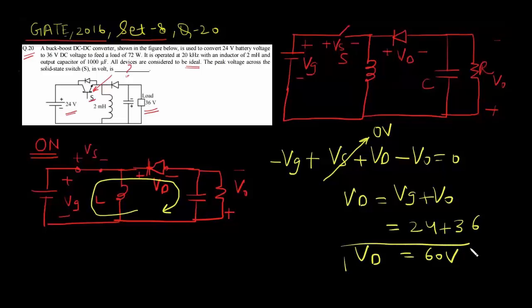So you can see that you are getting a positive value of Vd. I have defined Vd in this way: positive at the anode side and negative at the cathode side. So it means that your diode will be reverse biased when switch S is on, and voltage across the switch when it is on is 0 volt.